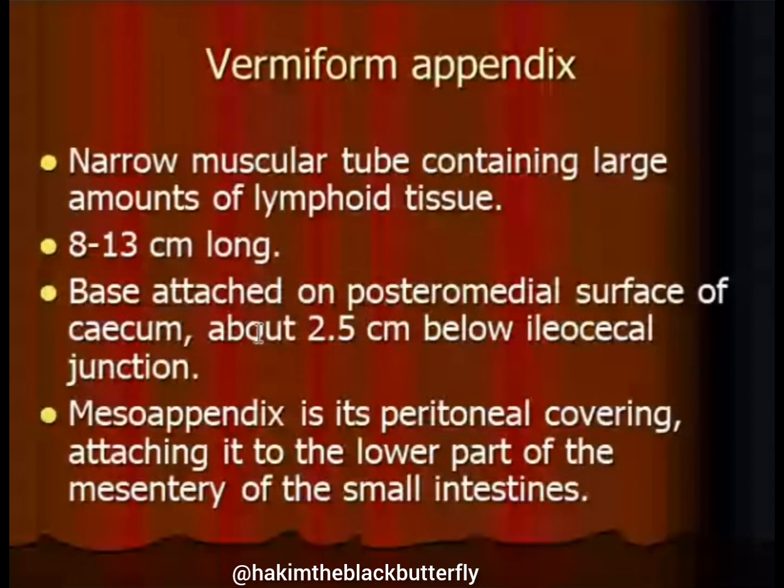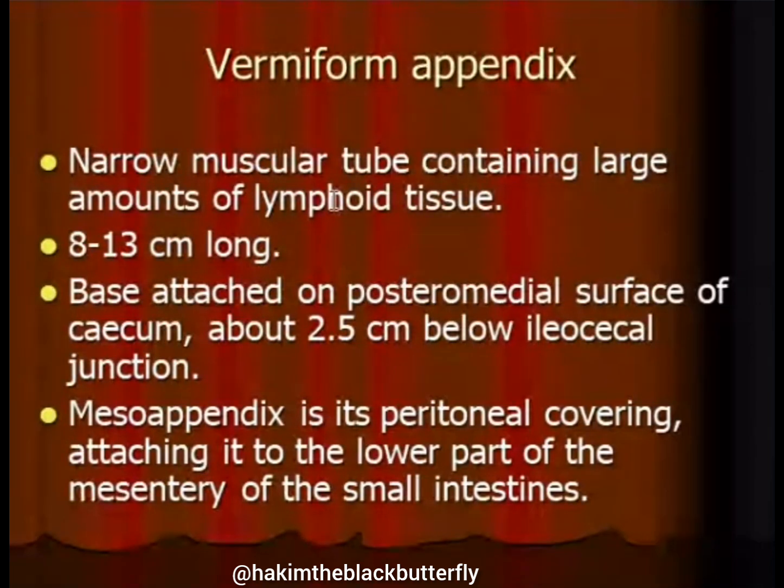The appendix, which is attached posteromedially to the cecum, is worm-like and long. It has a wall which is made up of muscle, and it is a lymphoid structure. It is envisaged that the appendix contains useful bacteria and also produces lymphatic fluid.